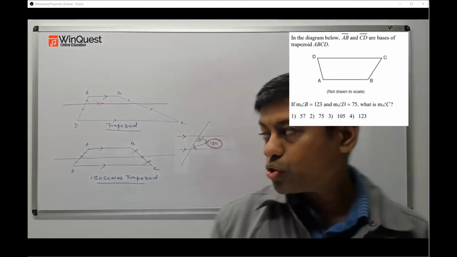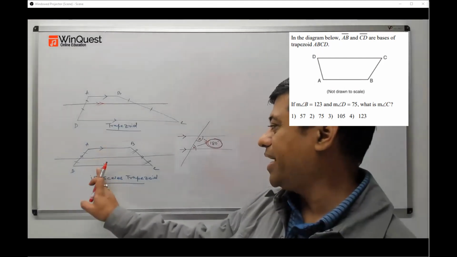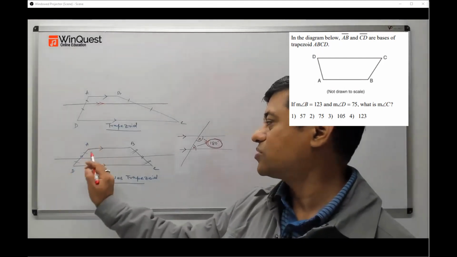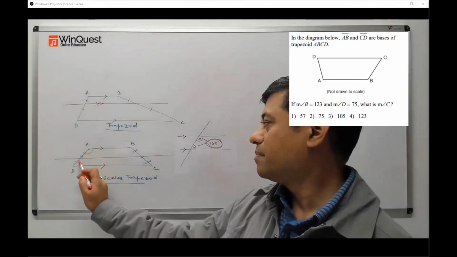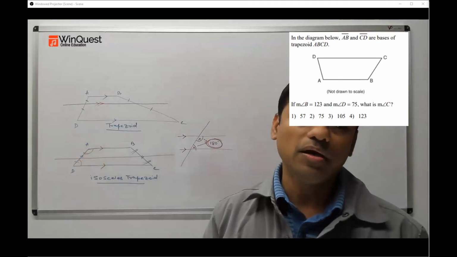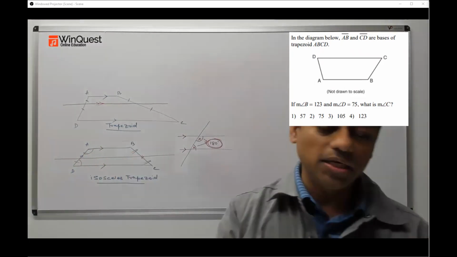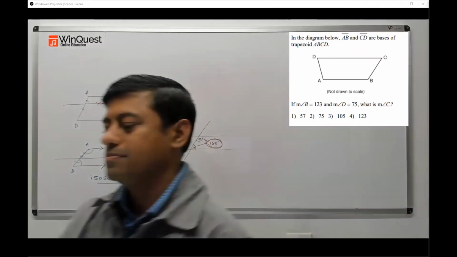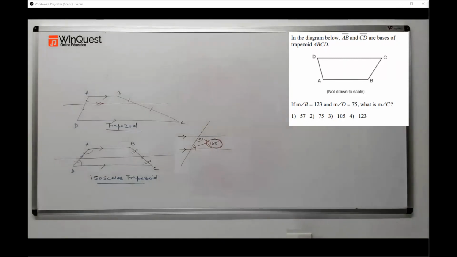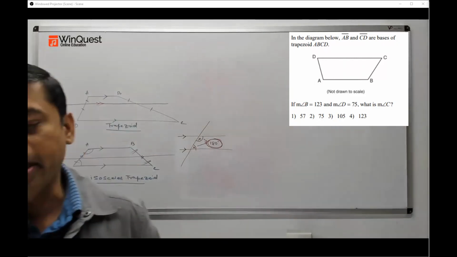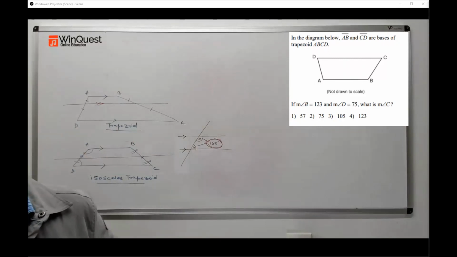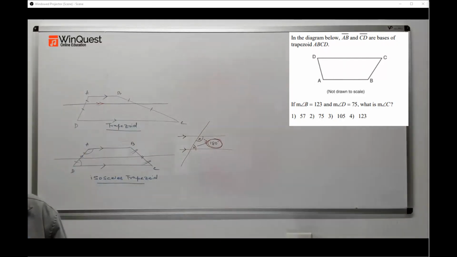Okay. So in this particular problem, if AB and DC are parallel and this is a transverse, can you say that this angle plus this angle together will be 180 degrees? Yes. Anybody feels this is correct? Okay. Now take a look at this problem. I won't answer it. You should be able to answer it.